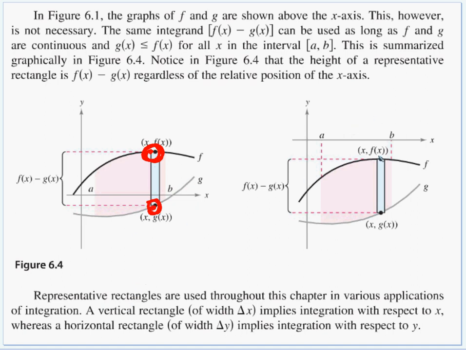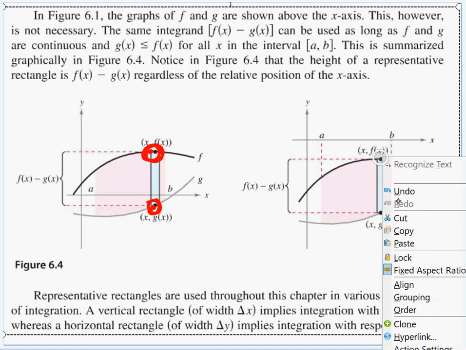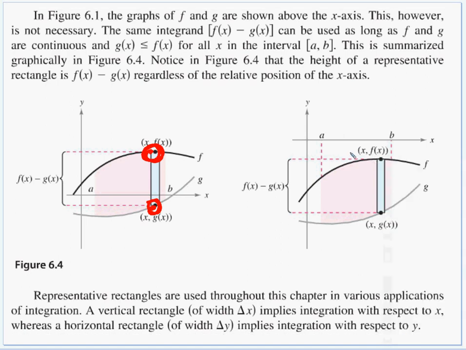And it wouldn't be a big deal if we have both functions completely under the x-axis. Here f is below the x-axis as well as g. So no matter what, we can always find the area between those curves. It doesn't matter where we are oriented in the plane. So back in 6.1, I guess we already read that.